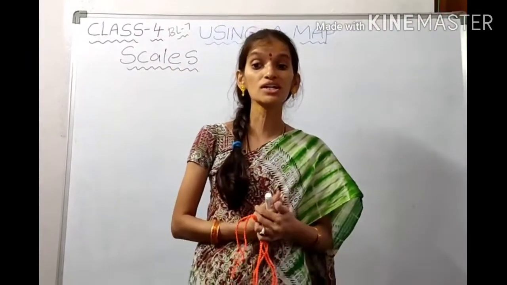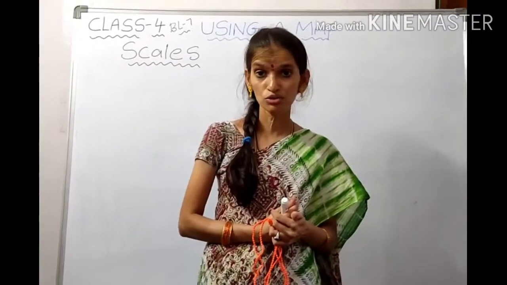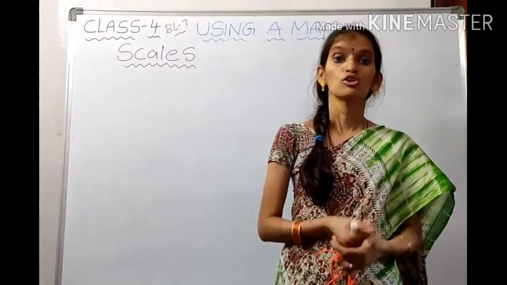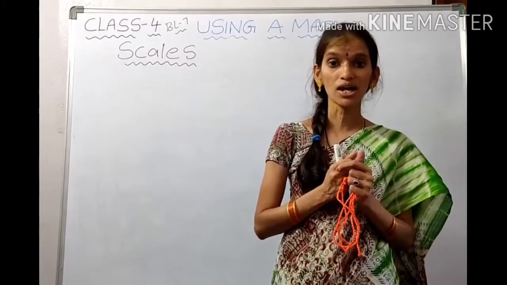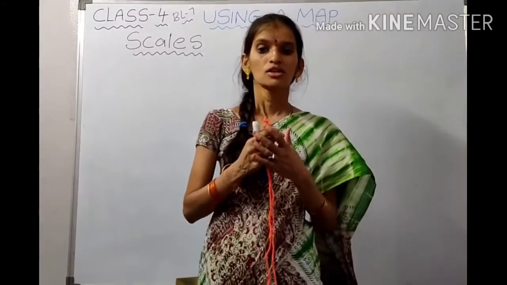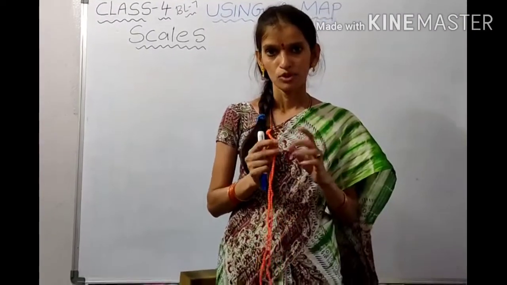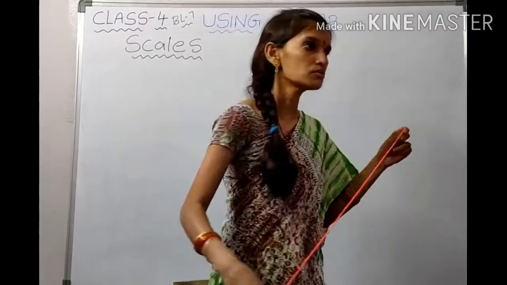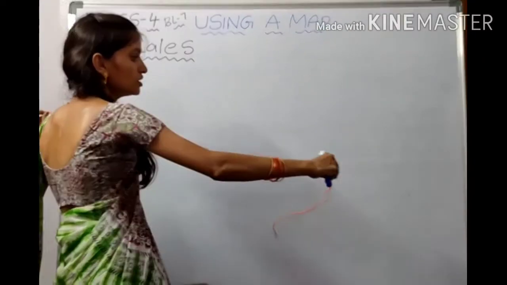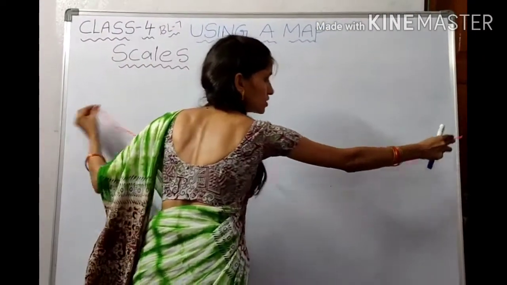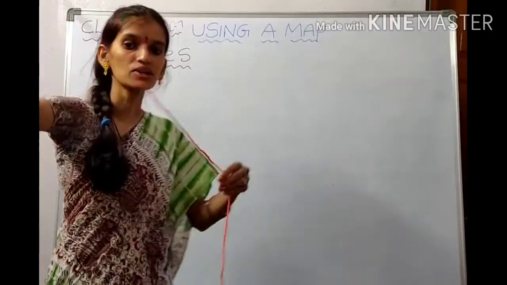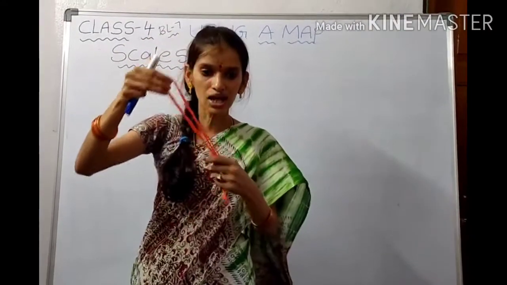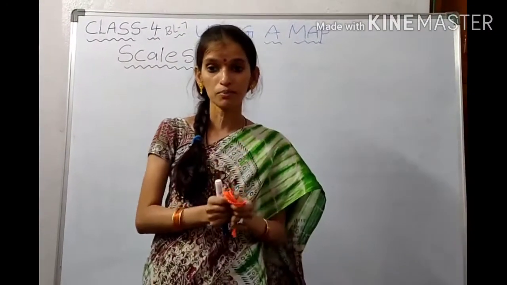So why do we need a scale on the map, children? Now you tell me. Yes, we need a scale to know the actual size of the place shown in the map. First we took this blackboard and scaled it down with the help of the thread, folding the thread as many times as needed to fit it on your paper.